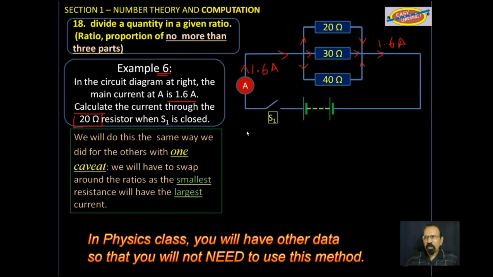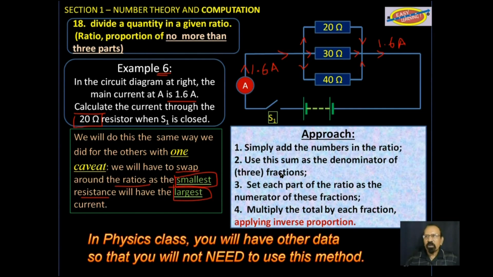Remember we said we will have to swap around the ratios, as the smallest resistance will get the largest current flowing through it. So if we add 4 and 3, 7 and 2, 9. Remember the ratio is 20 to 30 to 40, which is really 2 to 3 to 4. So we get 2 and 3, 5 and 4, 9.